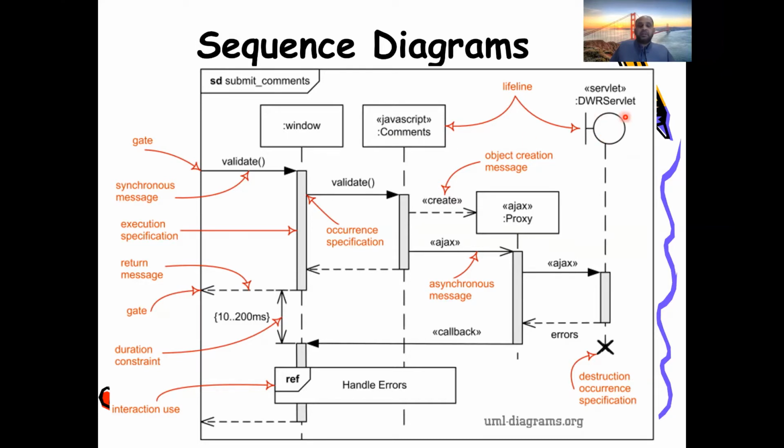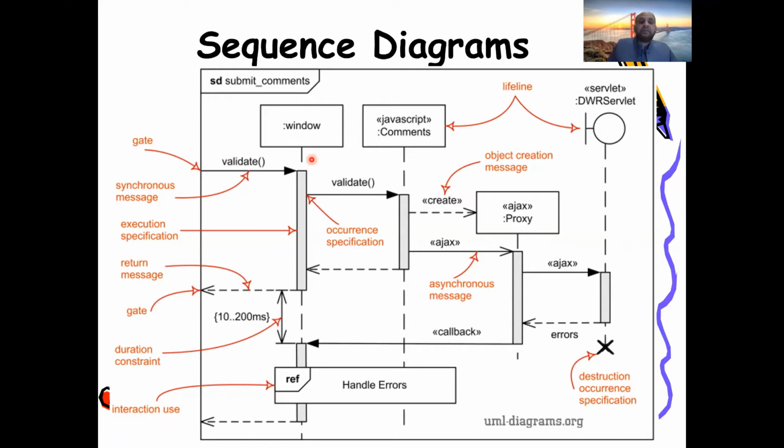AWR sublet is a lifeline. Window is a lifeline. So how many lifelines are there in this sequence diagram? We find that there are 4 lifelines. This is Windows lifeline, commands lifeline, proxy lifeline, and DVR sublet lifeline.